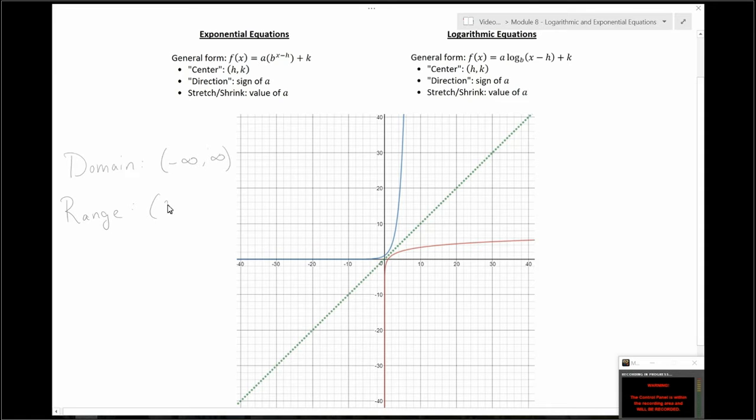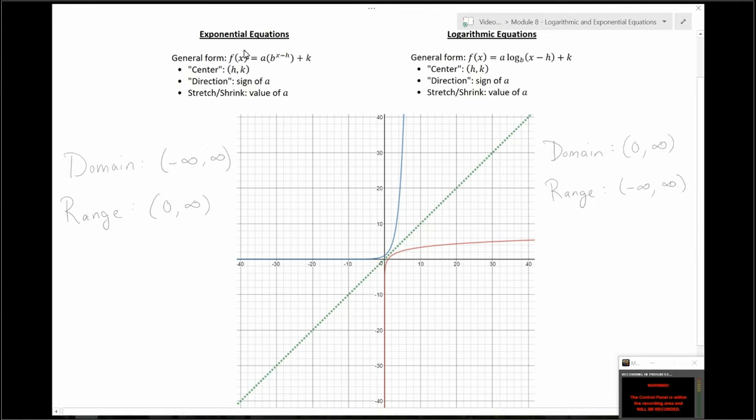And we can see that our range is from 0 to infinity. The logarithmic function is built to be the opposite. In this case, we built it to have a domain from 0 to infinity and a range from negative infinity to infinity. So again, these are opposite equations.